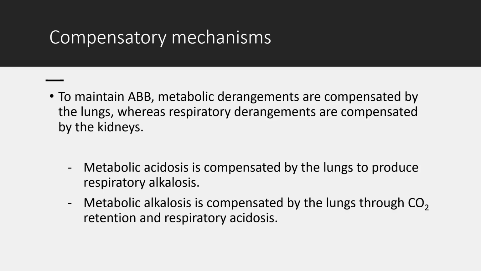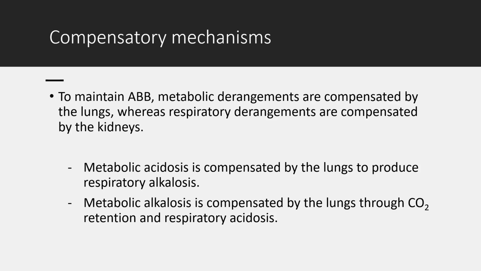For example, when there is a metabolic acidosis, the lungs tend to compensate by respiratory alkalosis, by breathing very fast. Whereas when there is metabolic alkalosis, the lungs tend to compensate by retaining carbon dioxide, which will lead to respiratory acidosis.